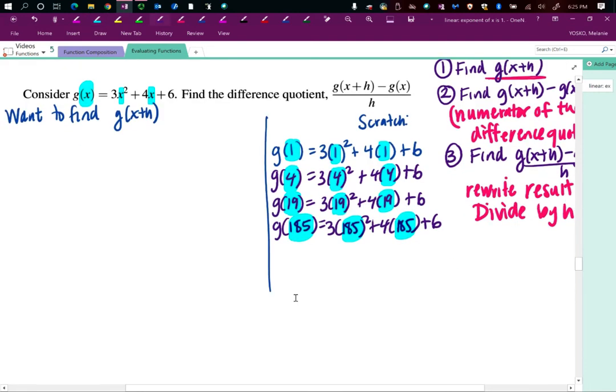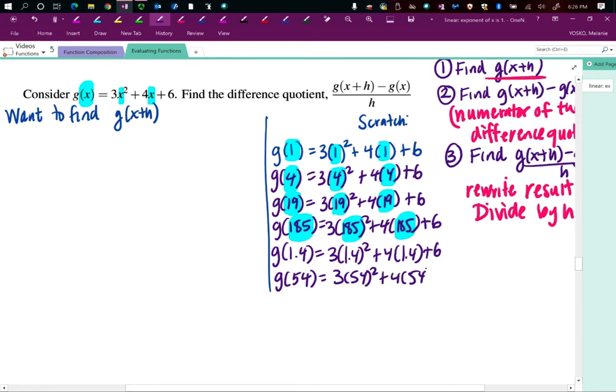Okay, we're going to do some more. Just going to make ourselves comfortable. G of 1.4. Well, that's 3 times 1.4 squared plus 4 times 1.4 plus 6. I'm going to stop highlighting. G of 54: 3 times 54 squared plus 4 times 54 plus 6. I'm going to go faster.